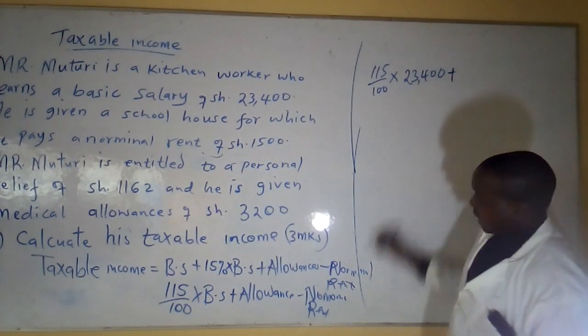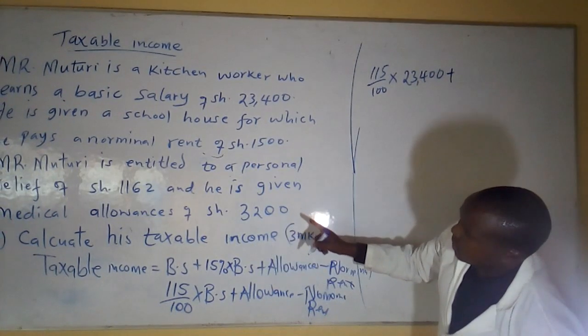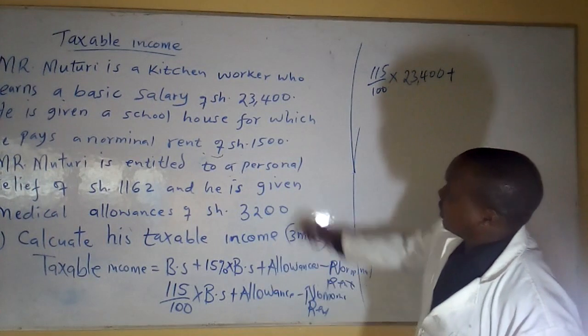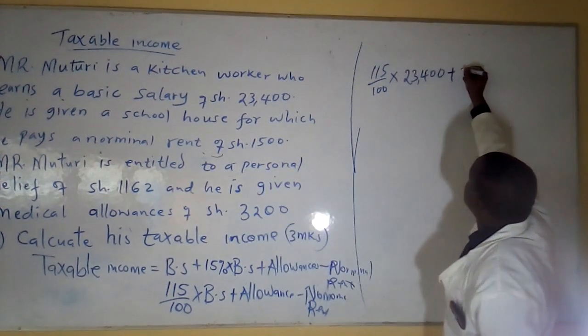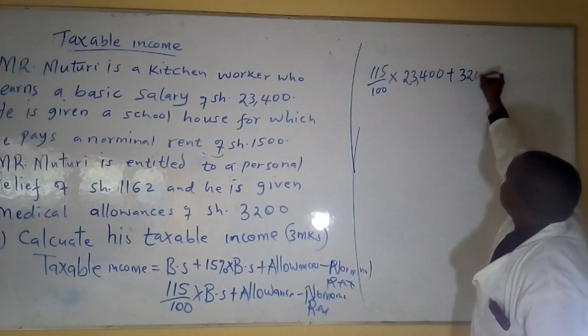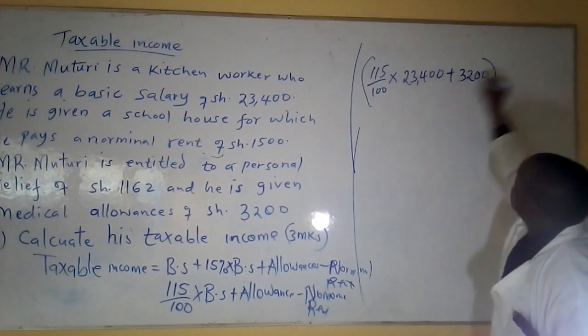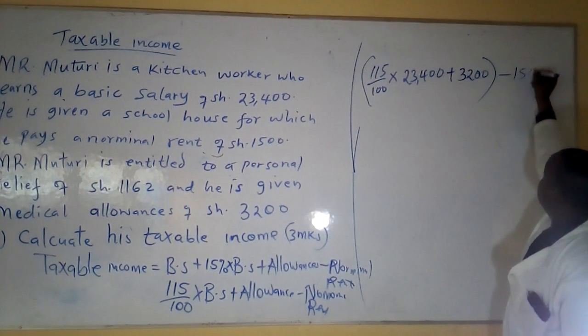Then plus allowances. The allowance that this person was given is 3,200, so we add 3,200. After that, whatever we have here, we subtract the nominal rent, which is 1,500.